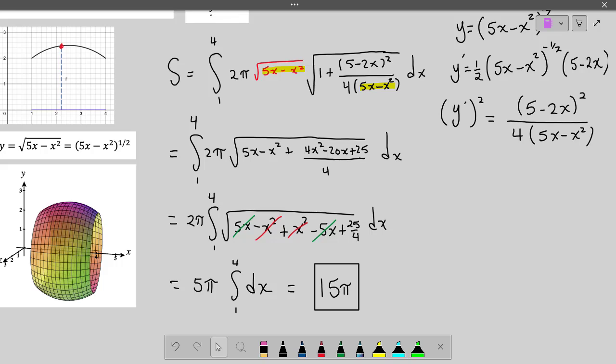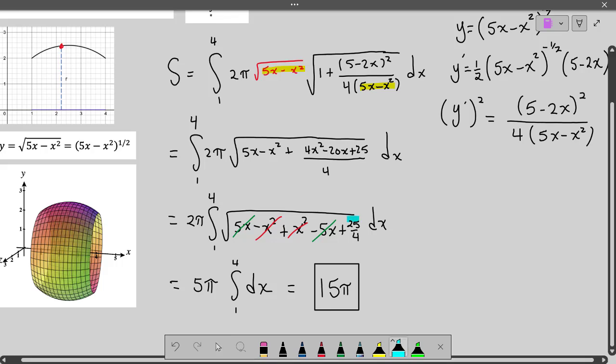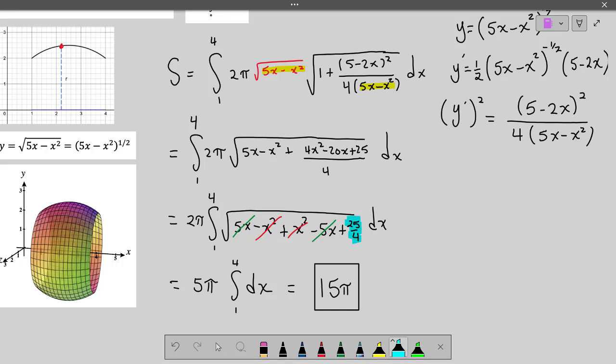Why is it 5? So this square root right here is going to be the square root of 25 fourths. The square root of 25 fourths is 5 halves. So the 2 in the numerator and 2 in the denominator cancel each other out, leaving just 5. Yeah.